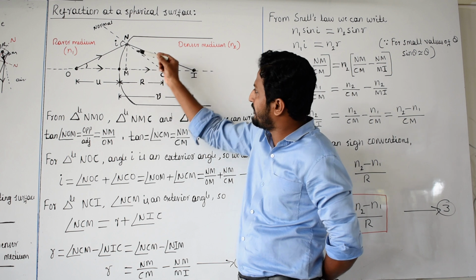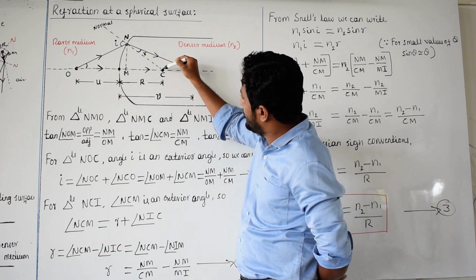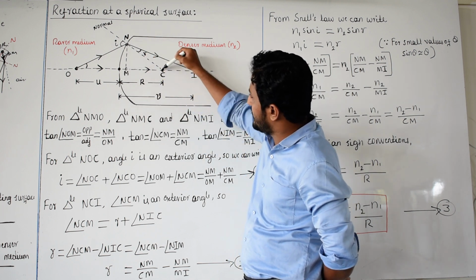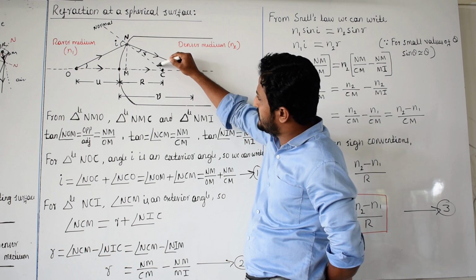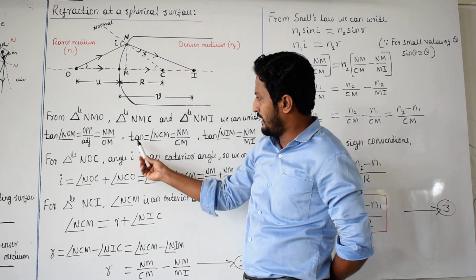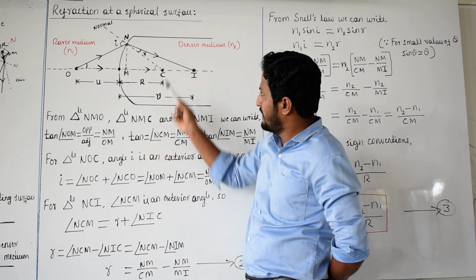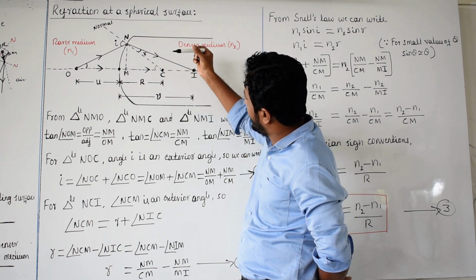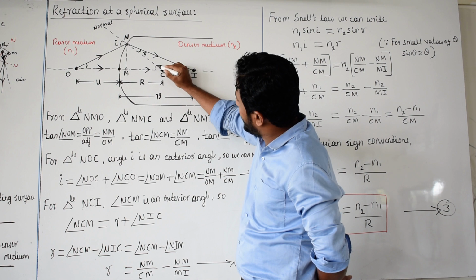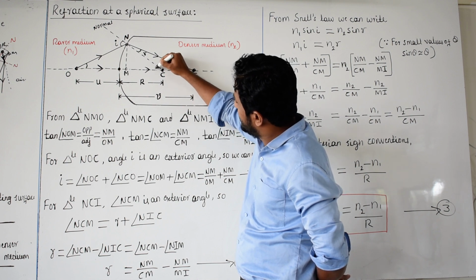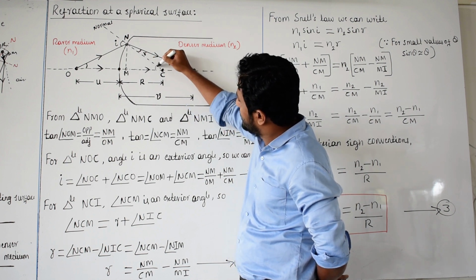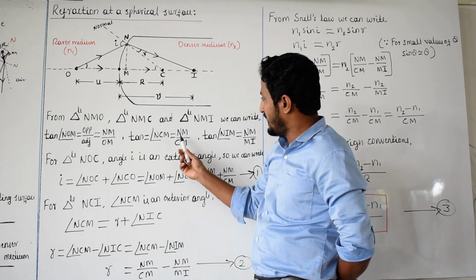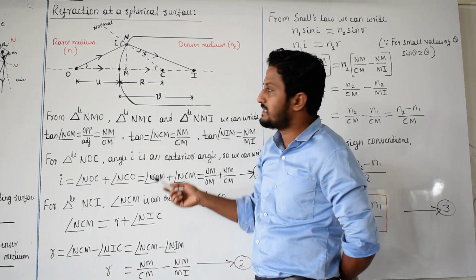NMC, this triangle. Look at this one. Apply the tan function to this angle. Tan of NCM, tan theta in this triangle is again opposite by adjacent.